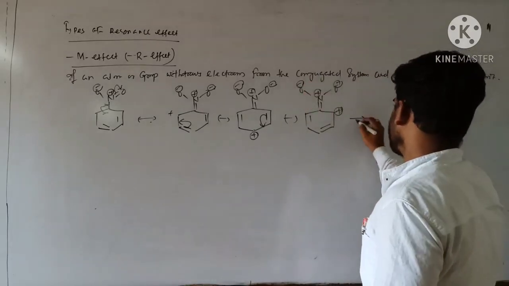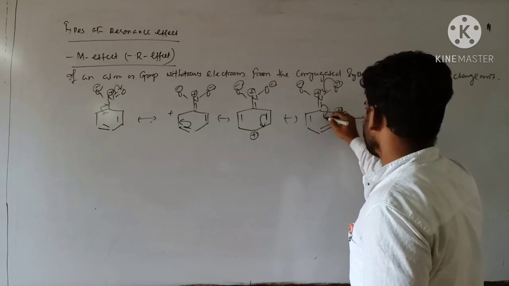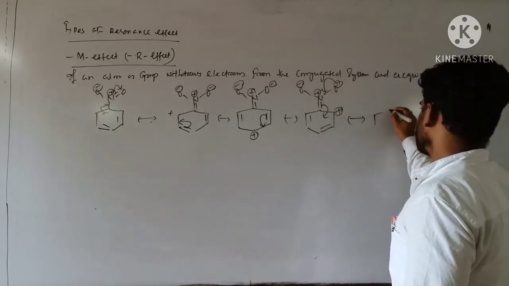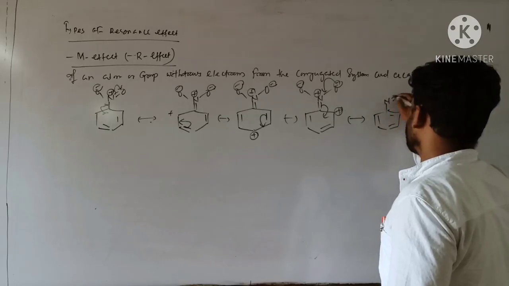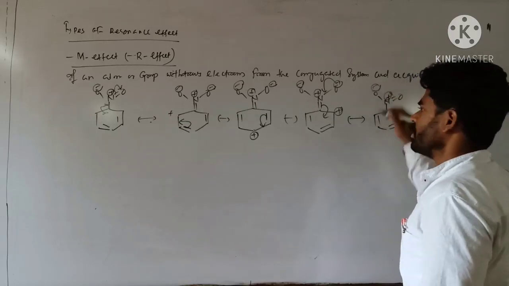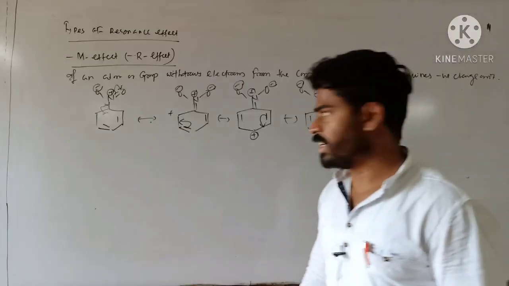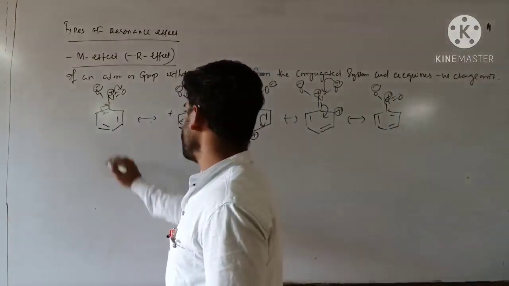Okay, so next structure it can be here. So the structure is like this. Here nitrogen double bond O, oxygen minus, plus charge here. So these are the resonating structures or contributing structures of nitrobenzene.